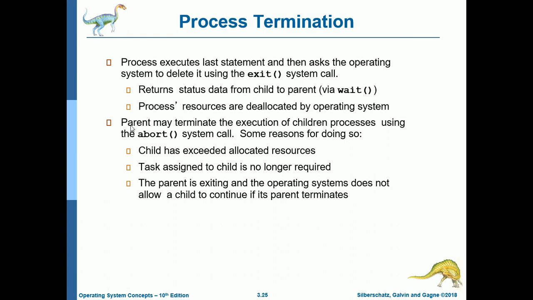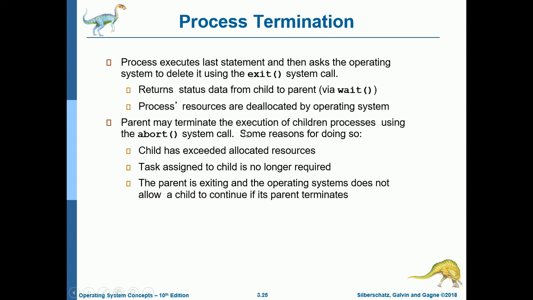The process executes its last statement and then asks the operating system to delete it using the exit system call. It returns status data from child to parent via wait, and process resources are deallocated by the operating system. So the function of process termination is for the process to return the resources that it has used to the operating system.